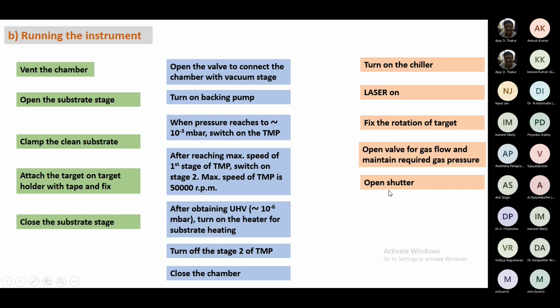By opening the shutter, 10 hertz pulses of this Nd:YAG laser will be spotted upon our required target. Then the plasma plume will be formed, and after that it will be deposited on the substrate. After deposition, we have to close the shutter and close the required items like the pump and the gas flow. All the things we have to close. Then you can say the deposition is complete.